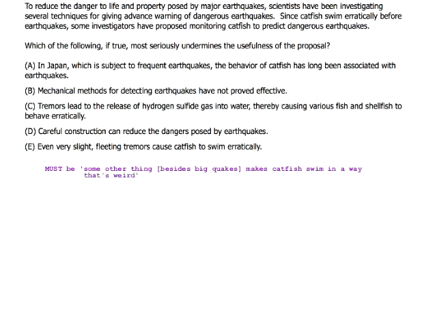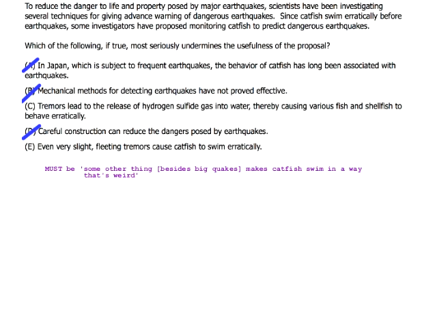All right, so that means it is not A, and it's not B, and it's not D, because none of those have anything to do with correlations in catfish. But if you look at C and E, those both look like something makes fish swim erratically.